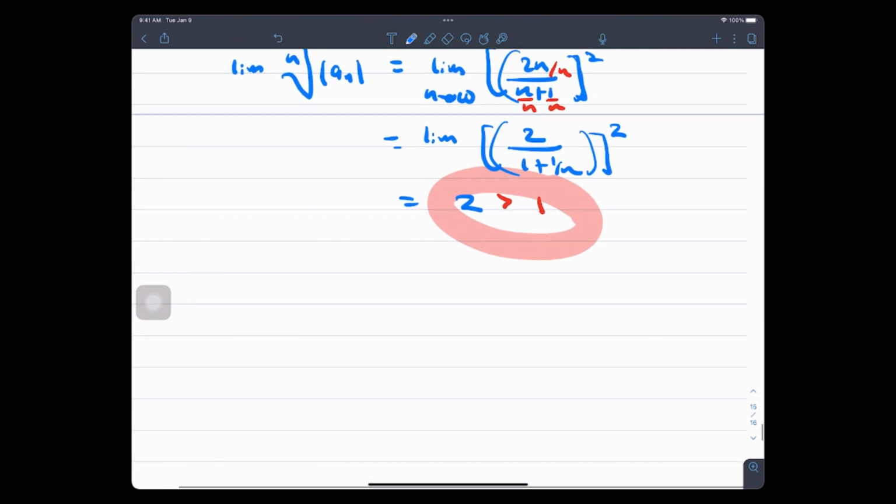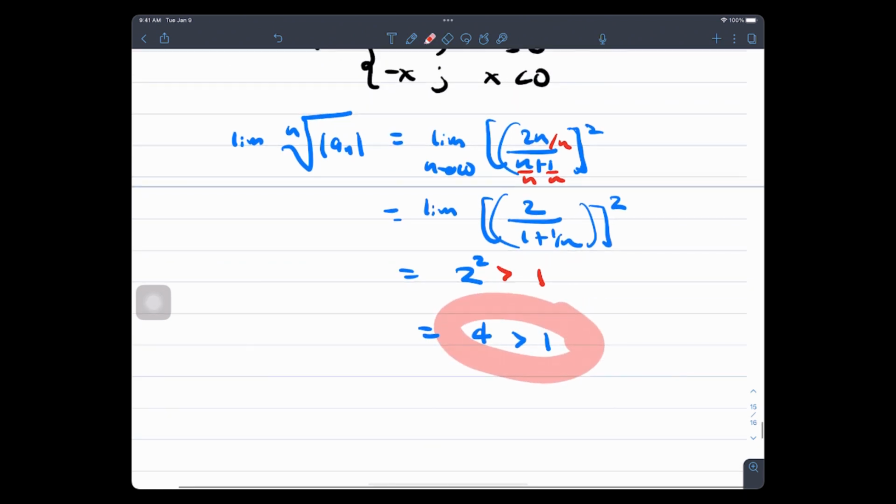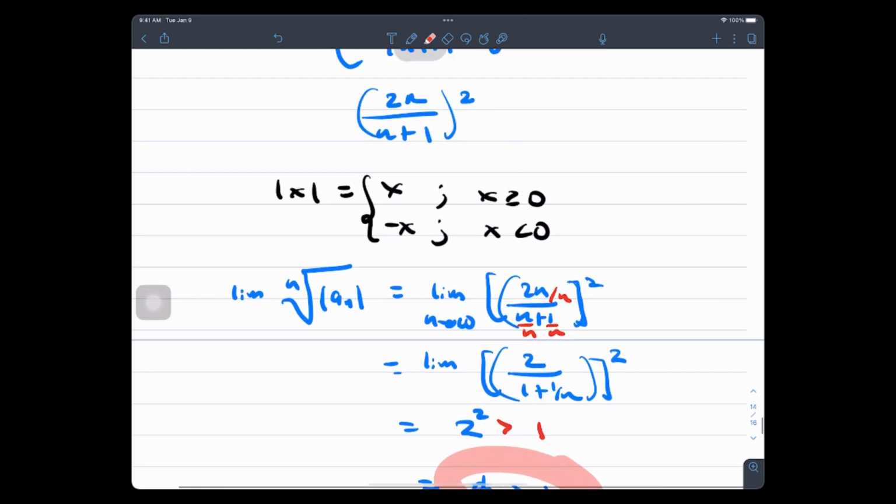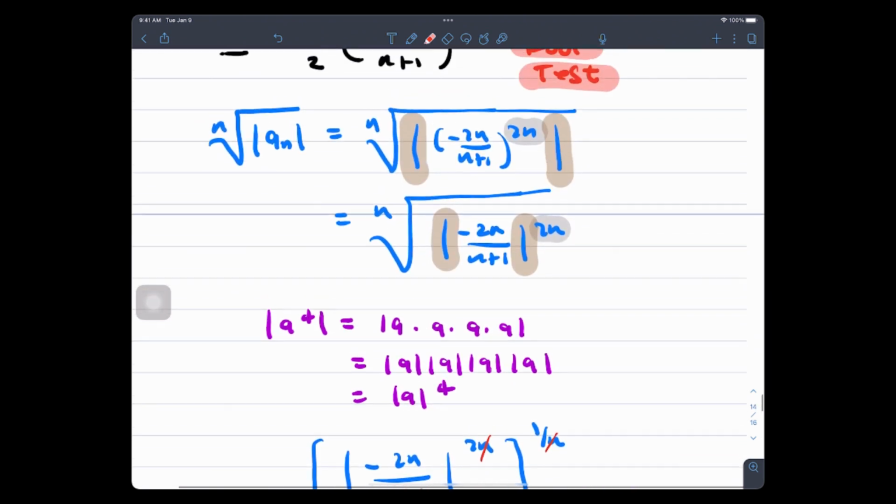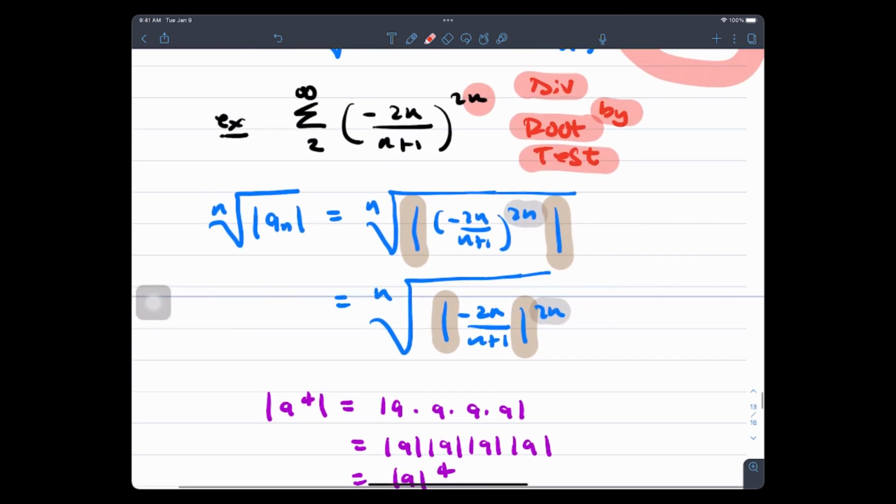But then that's really 2 squared, which is what? Is that 4? Yes, we do care. Anyway, apologize. Still diverges. So thank you for catching that.